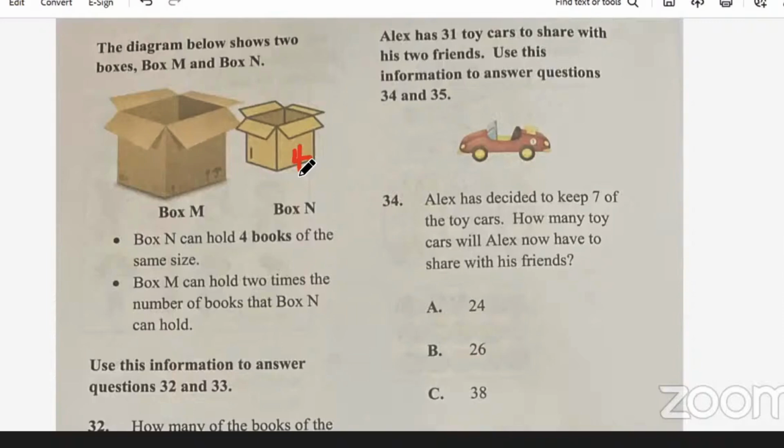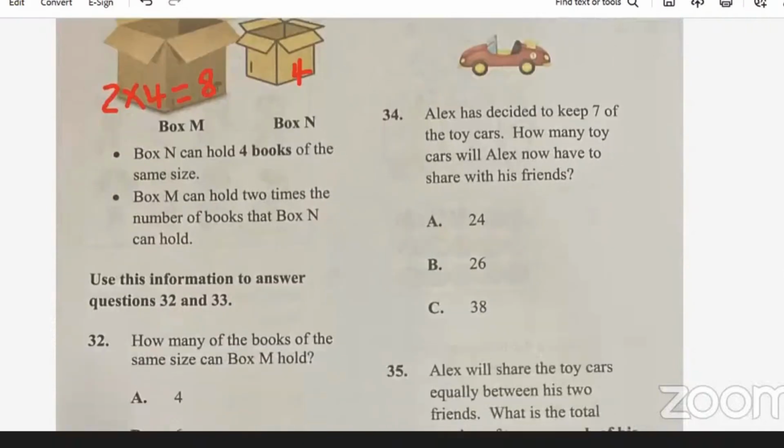Then box M can hold 2 times the number of books. So if box N can hold 4, that means box M can hold 2 times 4. 2 times 4 is how much? 8. Now, I don't know what the question is, but I'm just putting the information based on what we have seen so far. All right, let's get to the question.